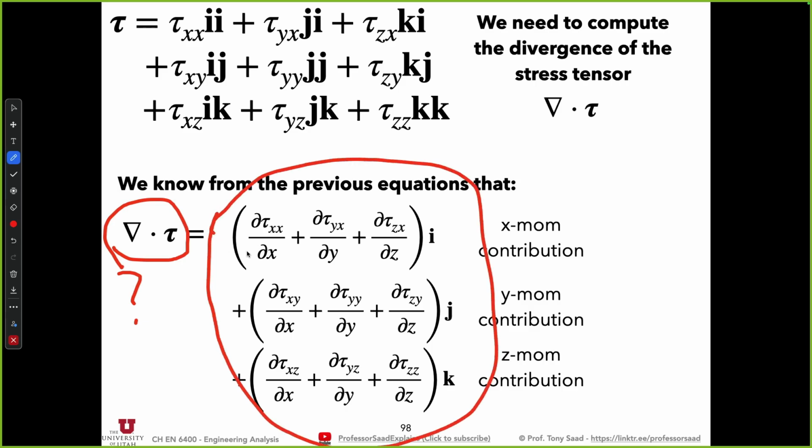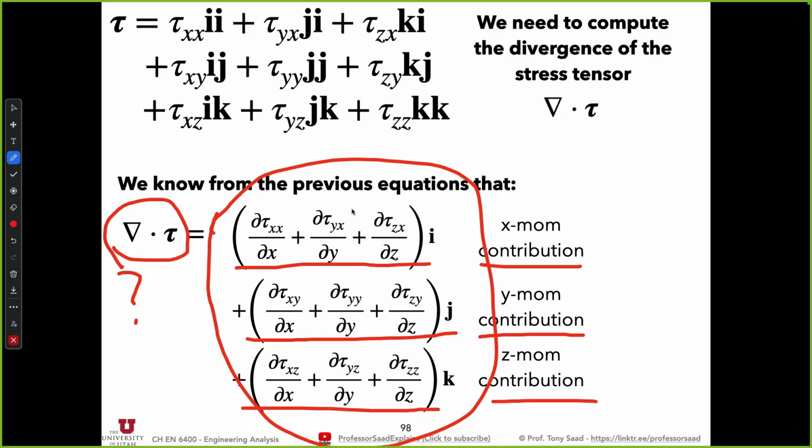Because we derived this individually for x momentum, for y momentum, for z momentum. This was the net diffusive flux for x momentum, and this was the net diffusive flux for y momentum, net diffusive flux for z momentum. And you see how the second index here is fixed into x, because that's the x momentum that's being diffused.